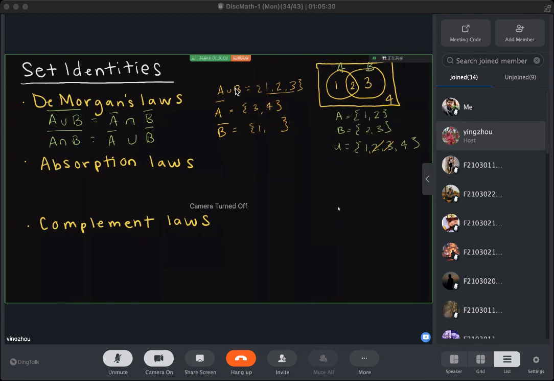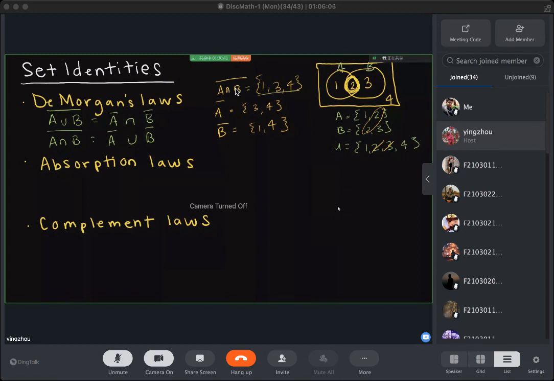Let's look at the same example, changing this to intersection. A intersect B is just 2, the only thing that A and B have in common. So the complement of that is going to be 1, 3, and 4, anything besides 2.